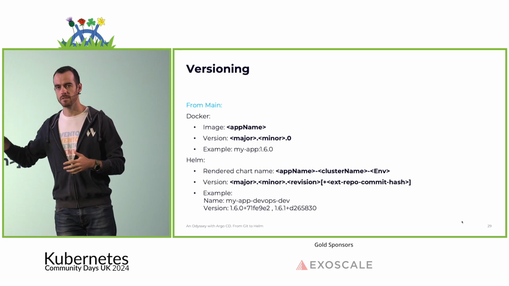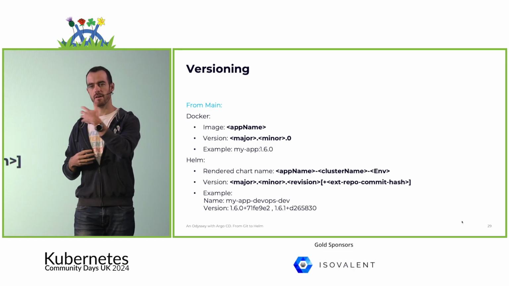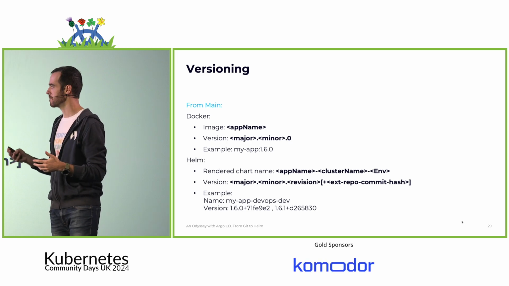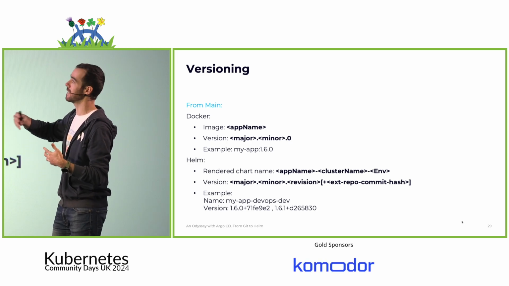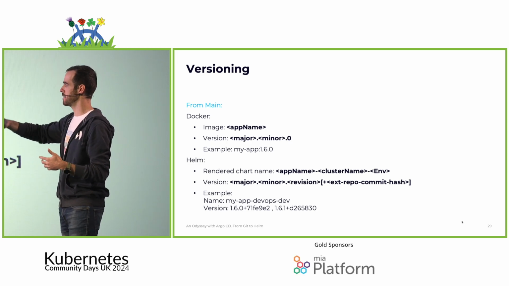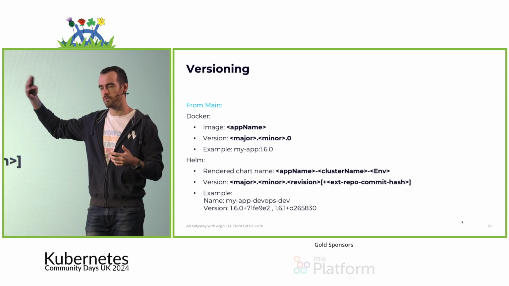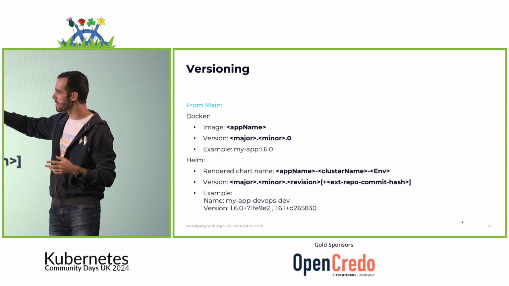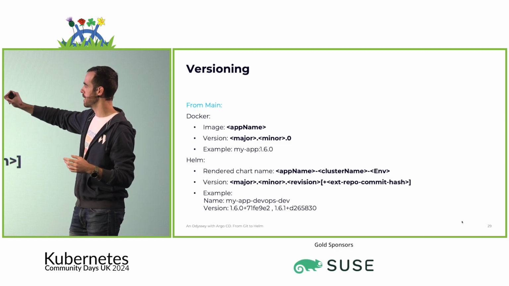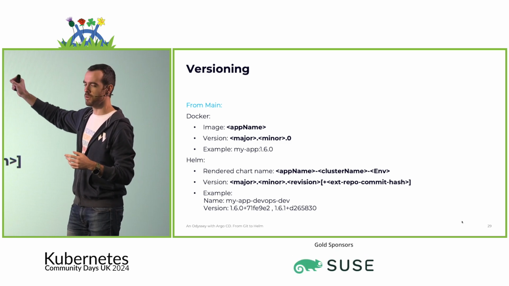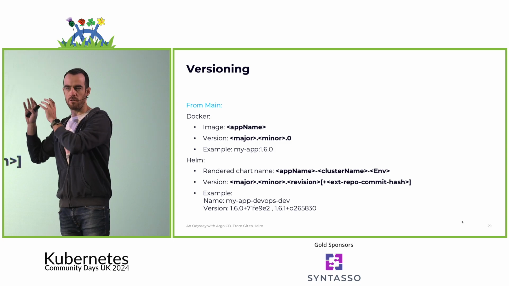Then the minor version is the one that specifies the release or the build, so it increases incrementally by 1 with each build. For instance, 2.1, 2.2, 3.3. And then the only difference between Docker and Helm is that the Docker tag includes a 0 as the revision part. That's only for consistency.